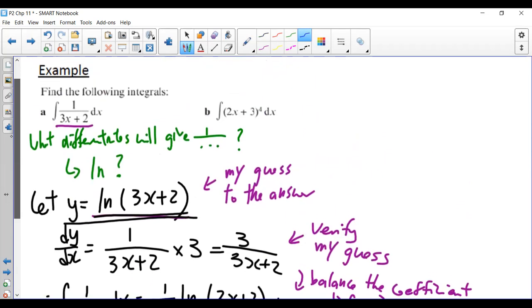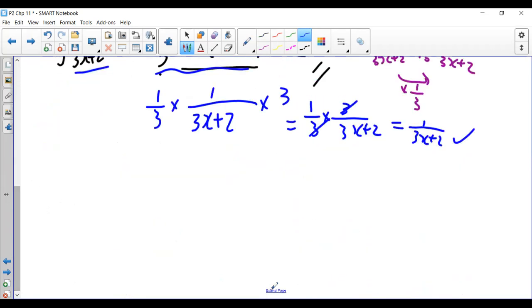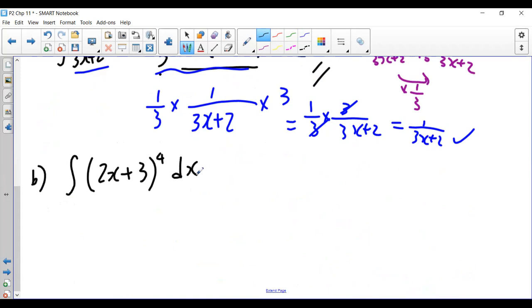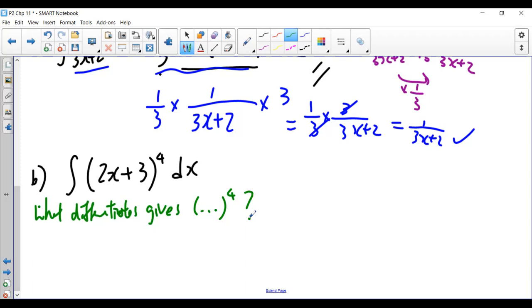Right, let's try one more. Part B, integrate 2x plus 3 to the power 4 dx. Here's a guess. Again, the inside conversation in my head: what differentiates to give something to the power 4?